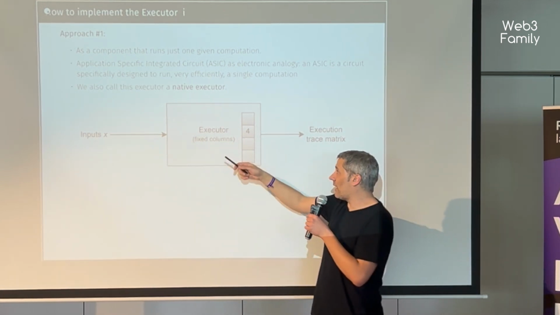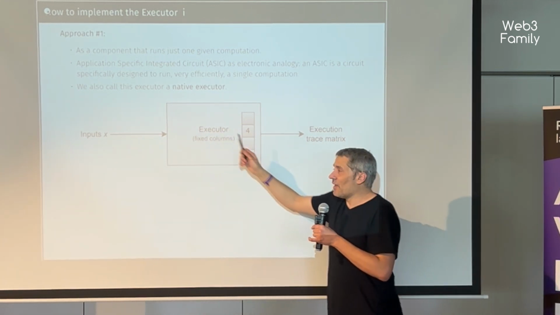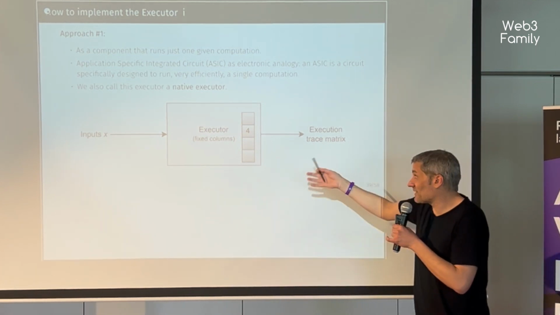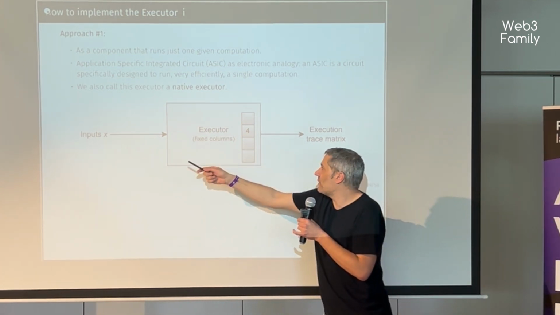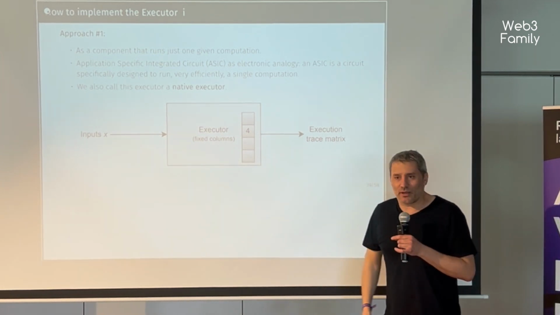They code all the rules that allow creating the matrix given the inputs into a piece of software, which is the executor. Then you give the inputs and it produces the output. This is programming in some language, Rust for example. This is one option.